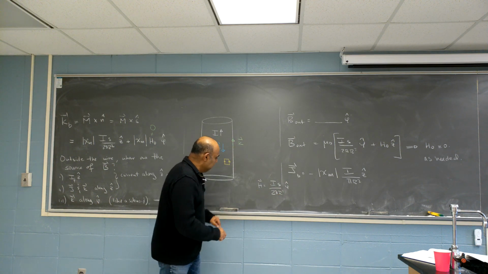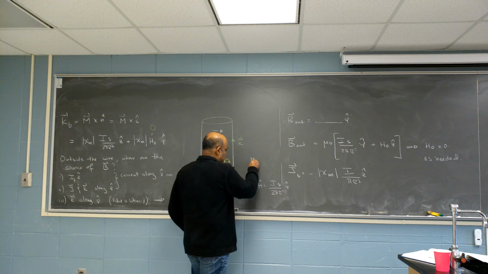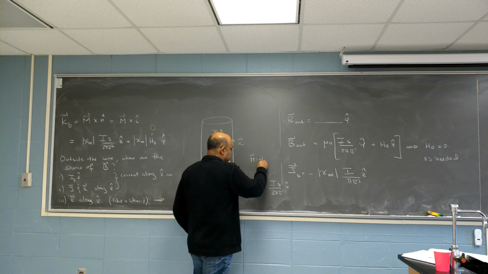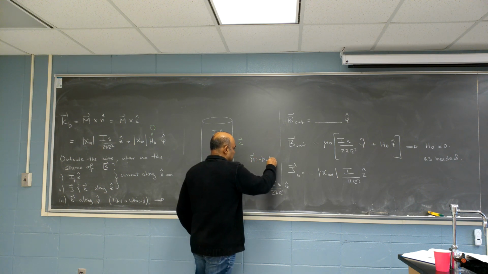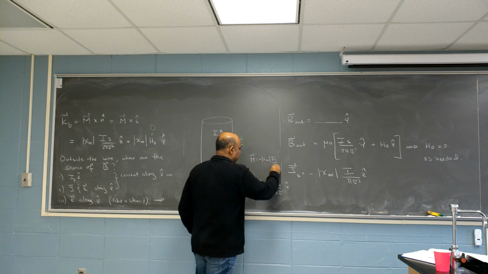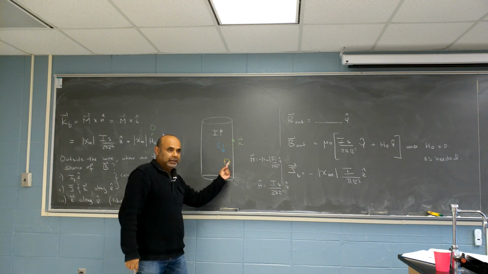So M is minus chi m I s over 2 pi r squared phi hat. So M is pointing this way.